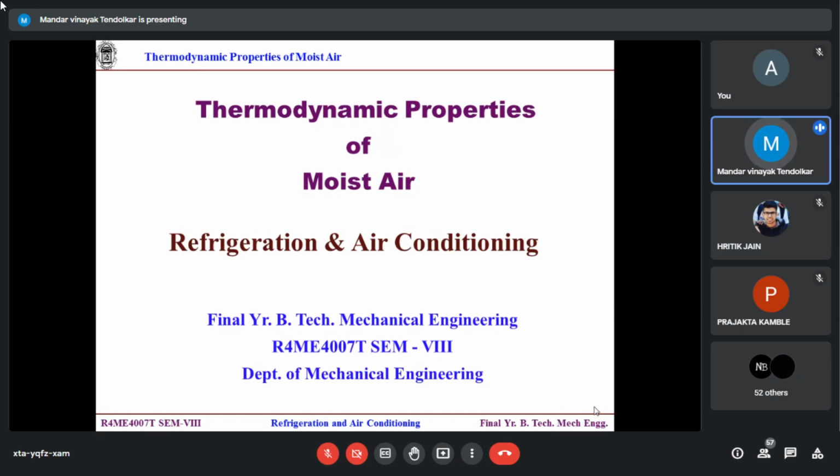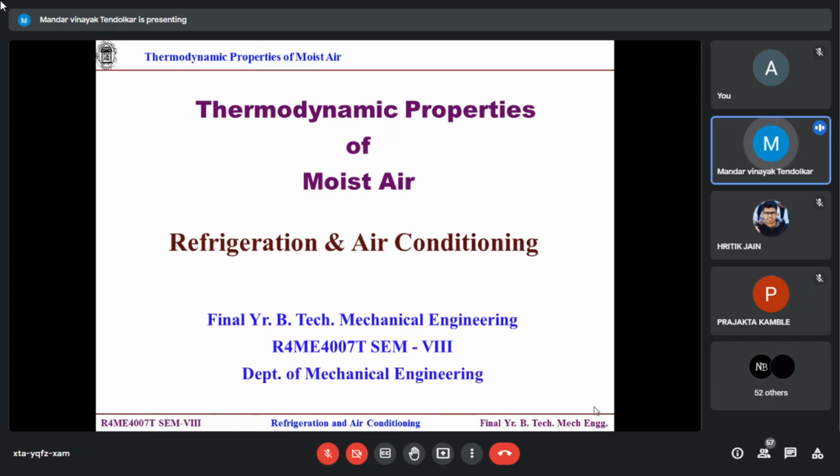Whatever the humidity is, fine. But conditioning means you have to have control over all the thermodynamic aspects of the working substance, moisture. So for this reason, we have to initially study the thermodynamic properties, how we calculate the properties of moisture, and then we will use the same logic, same knowledge, for different processes.